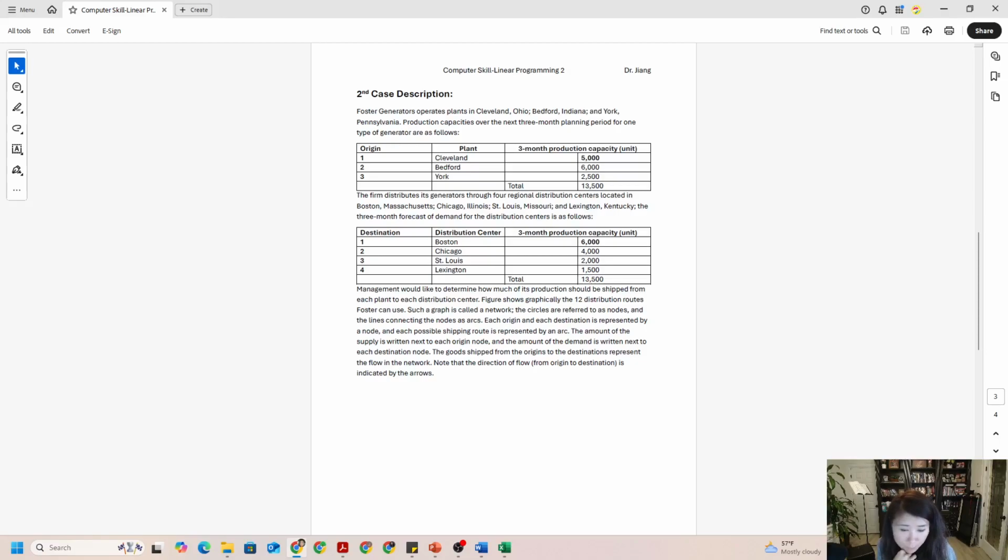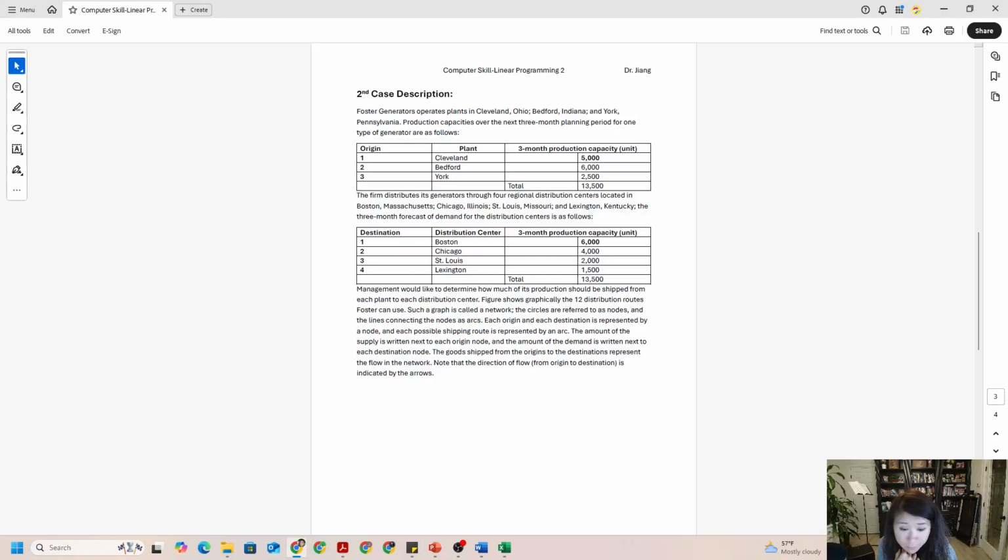So even if you ask all of Pennsylvania to ship to Boston, it still doesn't meet the need, right? Therefore, given where they produce and what the needs are, we need to figure out how we can minimize the cost of sending the units to the centers that need them.